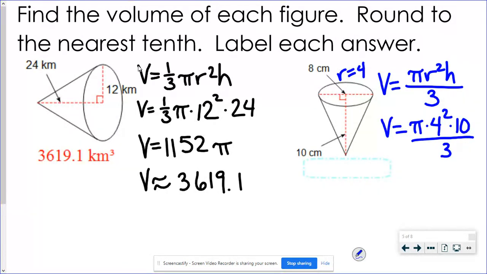So as long as I'm using my calculator, I might as well just go ahead and get this in my calculator right away. So I had 160 divided by 3 and then times pi. This answer, rounded, will be 167 point, it's 0.55, which really will round up to 0.6. And this is in cubic centimeters.